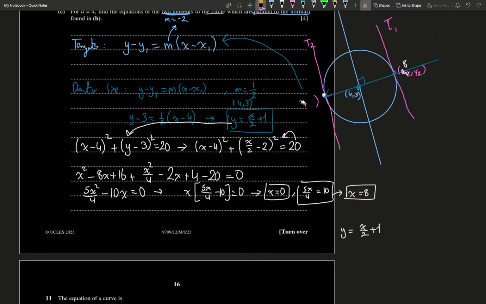So this coordinate هيكون 0, 1. ماشي بعدين when x is equal to 8, 8 over 2 is 4 plus 1 is equal to 5. Oh boy, معلش يا شباب هرسم بس اللاين تاني.